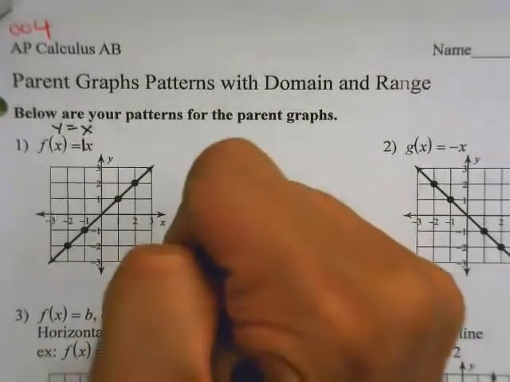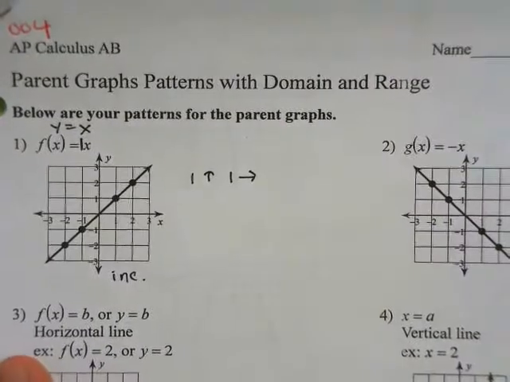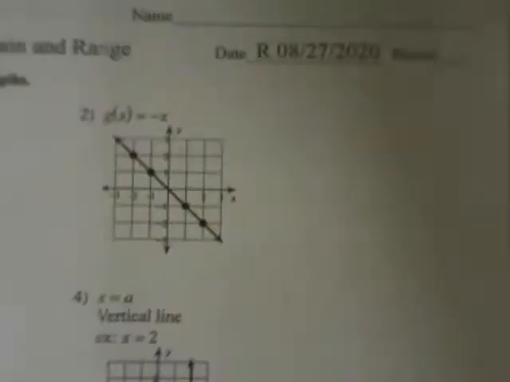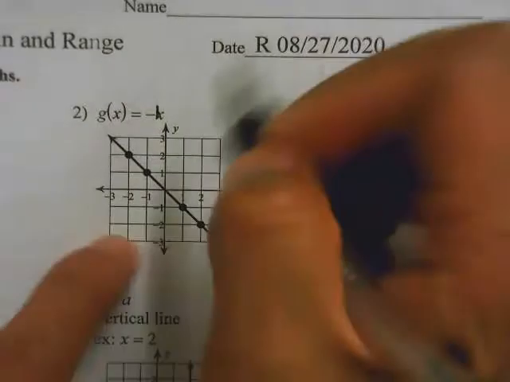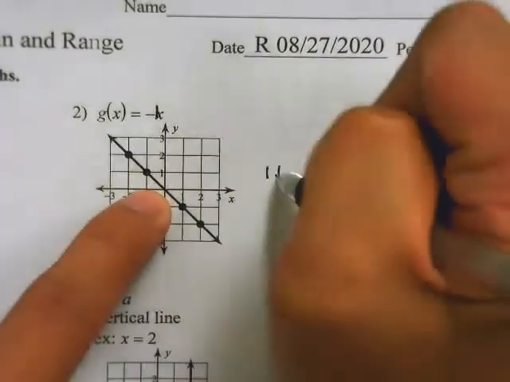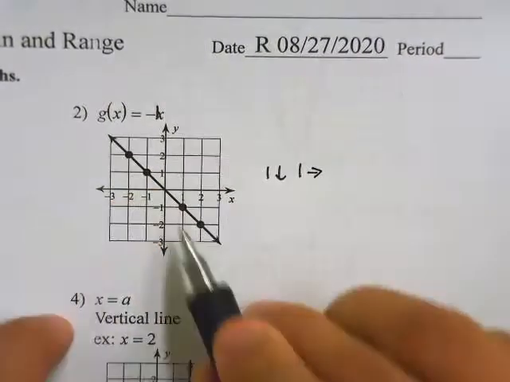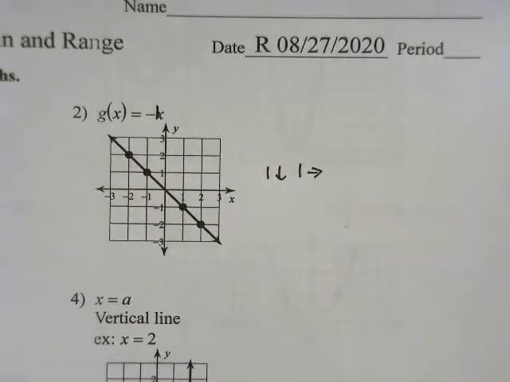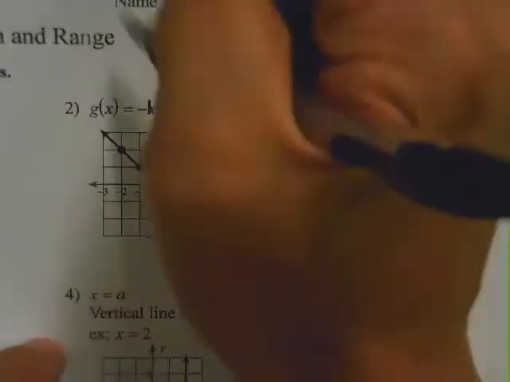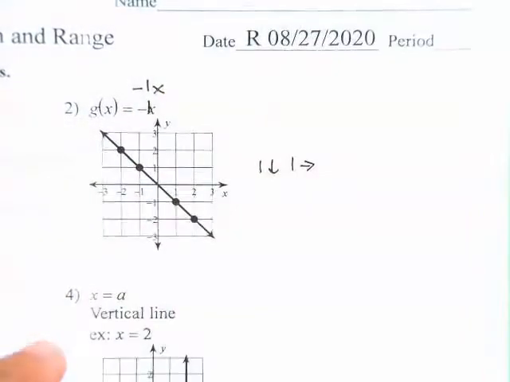As opposed to number 2, negative x, you have that negative 1. From the 0, 0, you're going to go 1 down and then 1 to the right. Decreasing line. Apologies for that. Negative 1x.